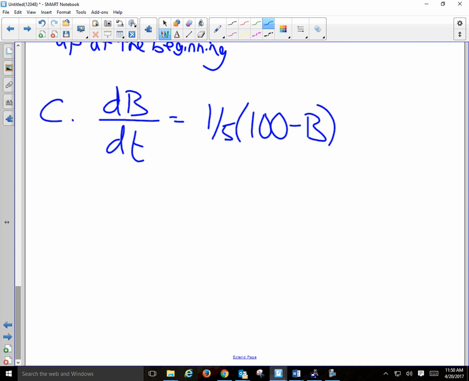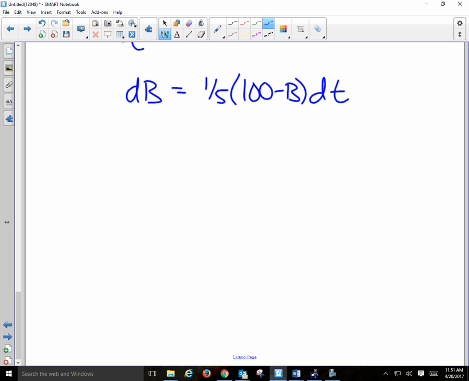What do you want me to do? Okay, I've heard a couple things. dB is equal to 1/5 times 100 minus b dt. And you have to get the variable b over on the other side, so we're going to divide by 100 minus b.